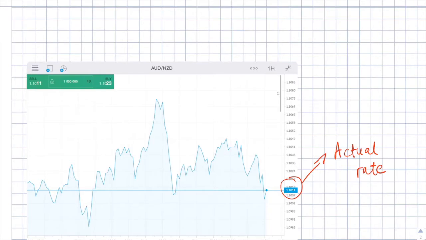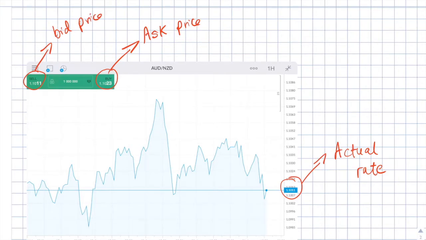So I'm going to show you an example of where I conduct a buying transaction, and on the top left you see the green tab, and on the right is the buy, and that is what you call the ask price, and on the left is the bid price.